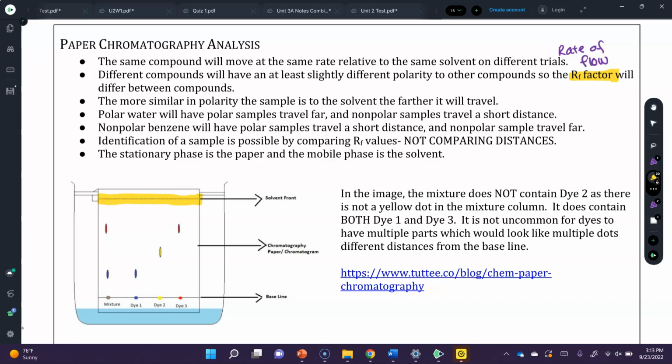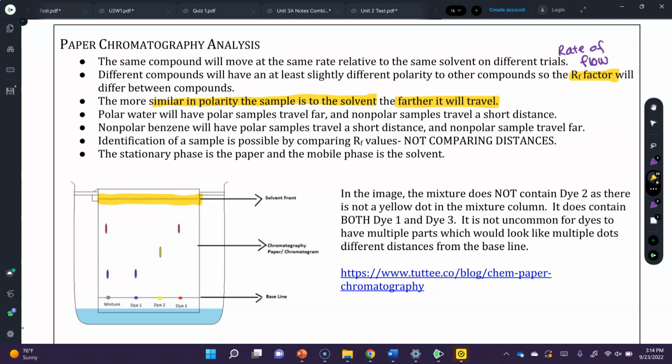The more similarity in polarity to the solvent, the farther it travels. Polar water will have polar samples travel far, and nonpolar samples will travel only a short distance. Nonpolar benzene will have polar samples travel only a short distance, so not very far, and nonpolar samples will travel far.